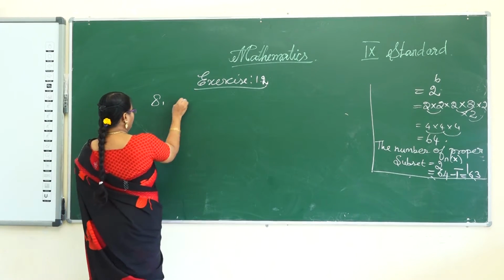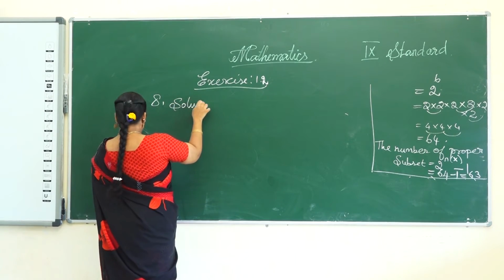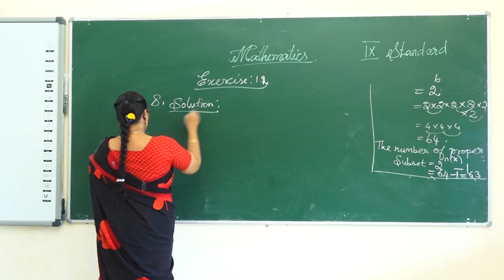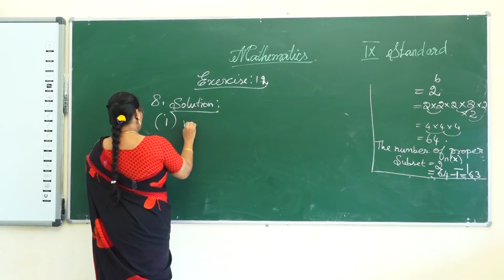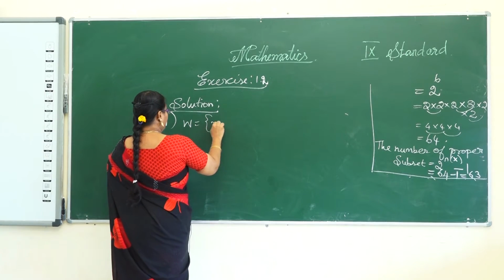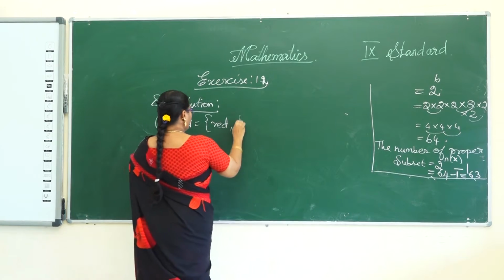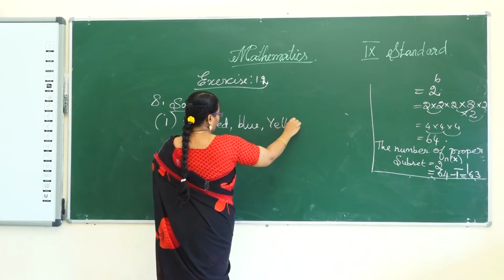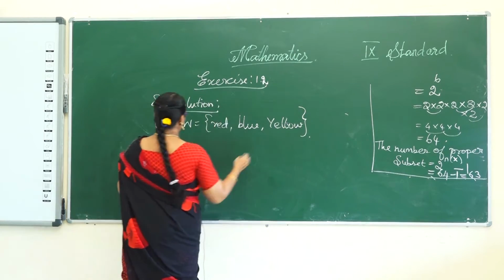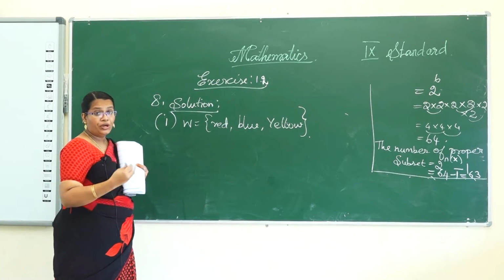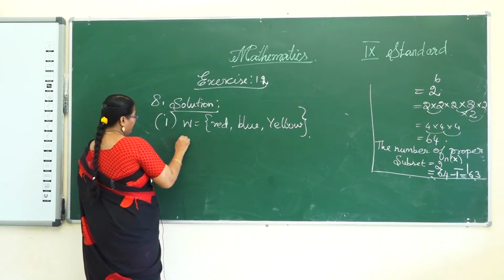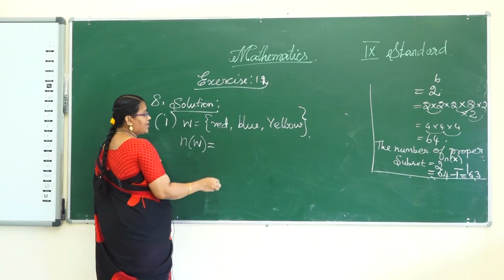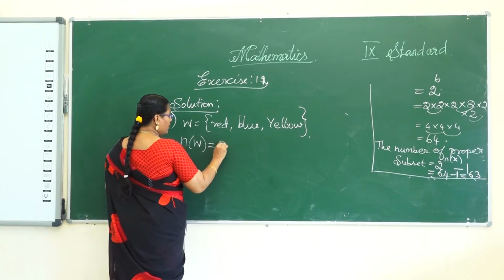The first one, 8th first subdivision. W is equal to red, blue, yellow. Okay, so first of all find out the cardinal number of the set. Cardinal number of a set means n of W. n of W is equal to how many elements inside of the set? 3 elements. So n of W is 3.